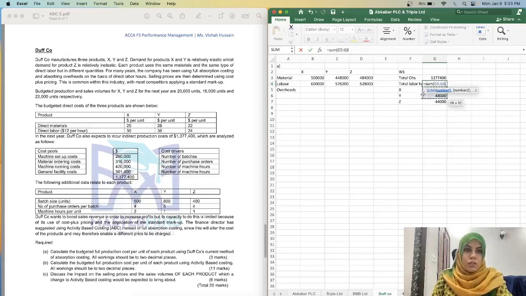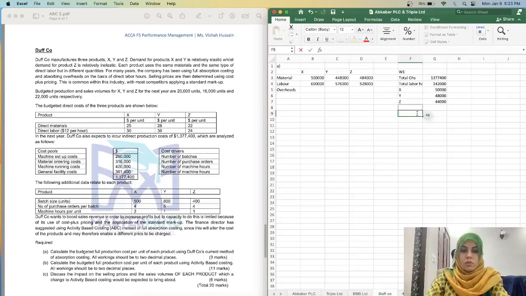Add them together, 142, and then divide the total overheads by the total labor hours, and you'll get 9.7 per direct labor hour.